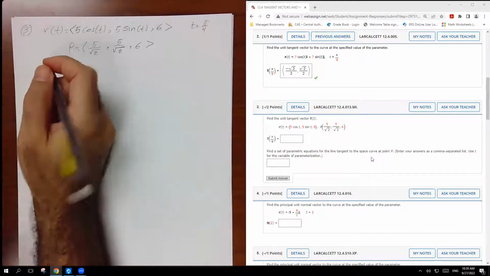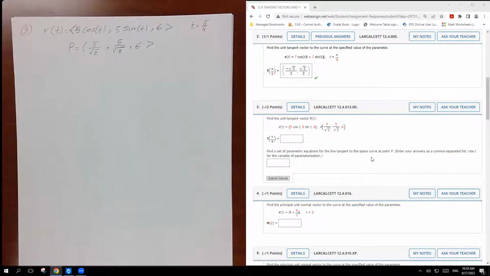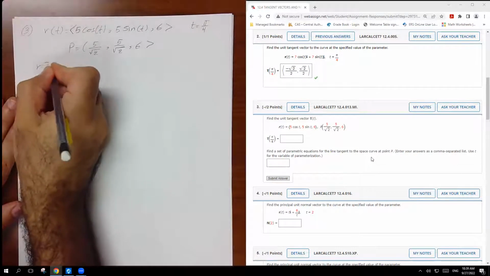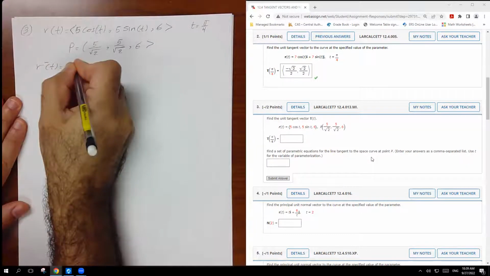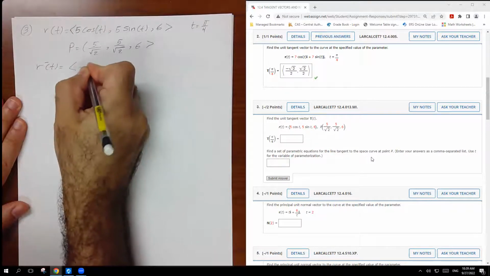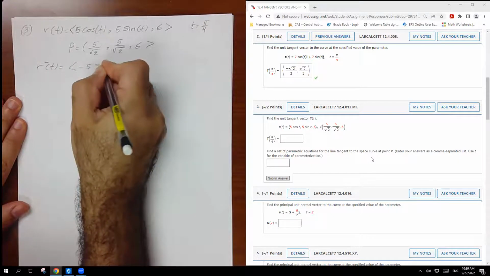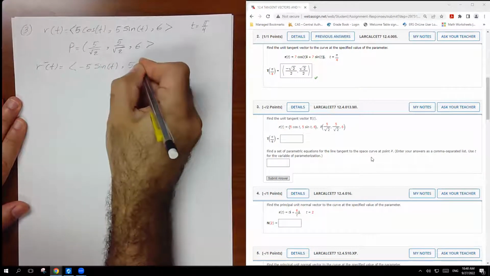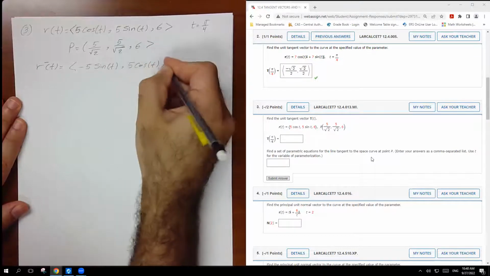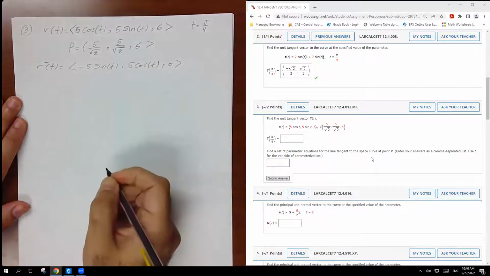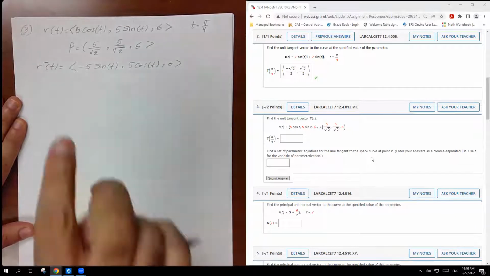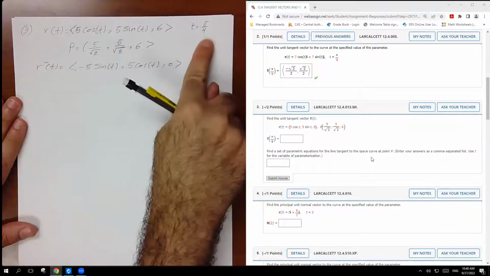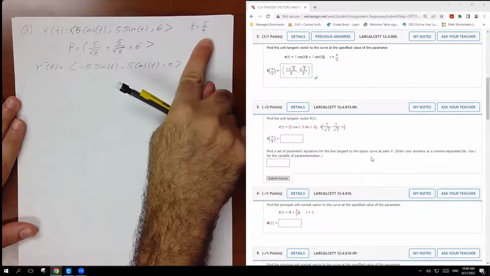That means the first step we're going to find r prime of t, which is negative 5 sine t and 5 cosine t with the 0. So this is the prime. You can find right away r prime at pi over 4 by plugging this in.